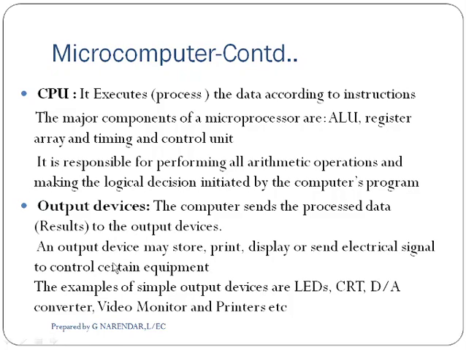Examples of output devices: the monitor that you see on a computer is an output device, and it will display the result. And one more output device that you normally see is your printer. It will take the result from the CPU and print it.